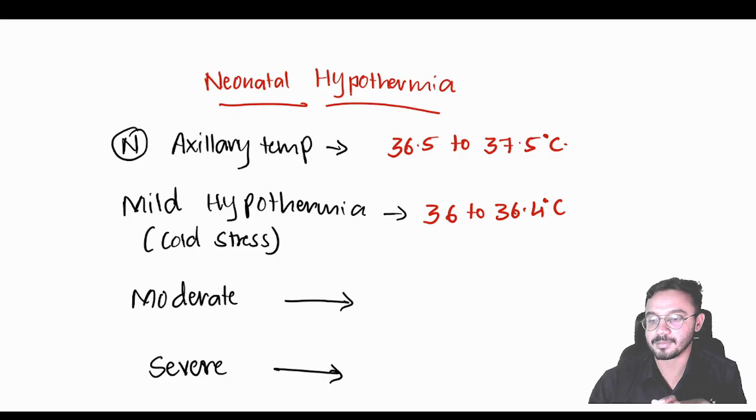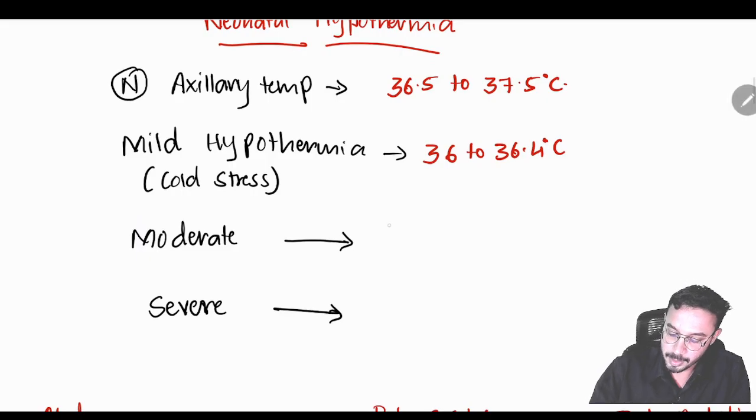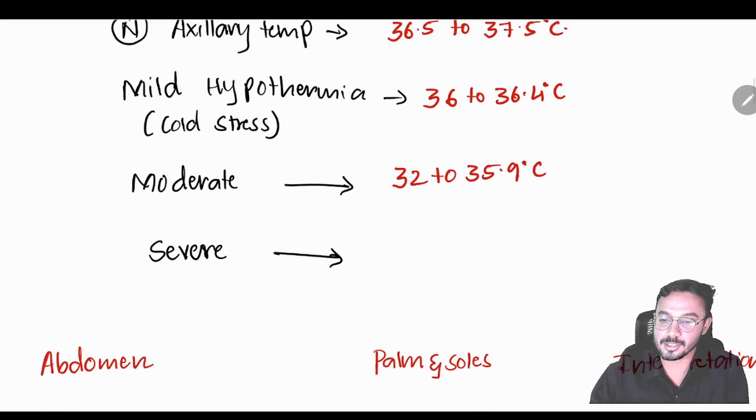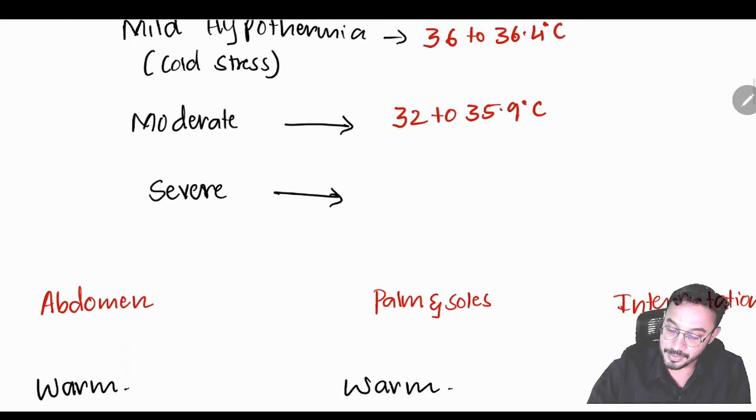After our classes, please go through the MCQs carefully. You will definitely be able to solve most of the MCQs related to pediatrics from these rapid revision courses. And what about moderate? If it falls between 32 to 35.9 degrees centigrade, that is moderate, and severe is less than 32 degrees centigrade.